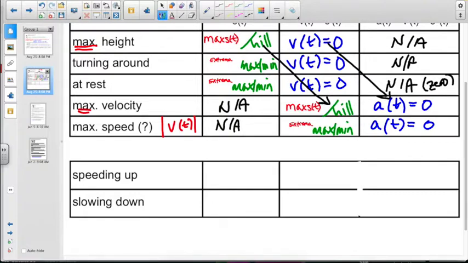Okay, you're getting faster and faster, right? Slowing down means what? You're going from 60 to 0. Well, this is a little redundant, but you're going slower and slower. What does that mean in terms of velocity and acceleration?